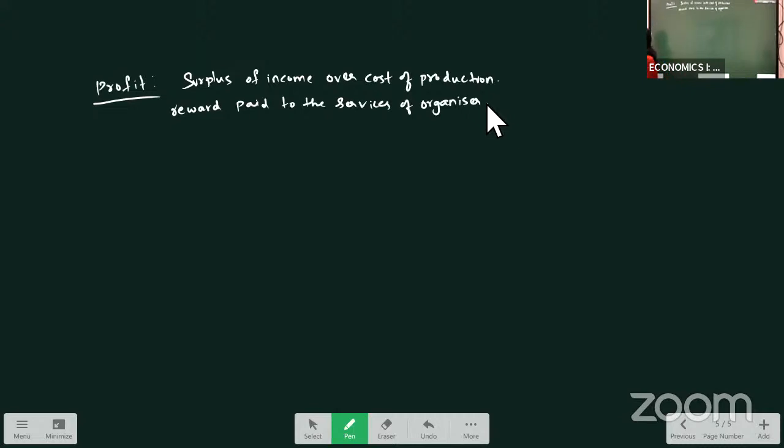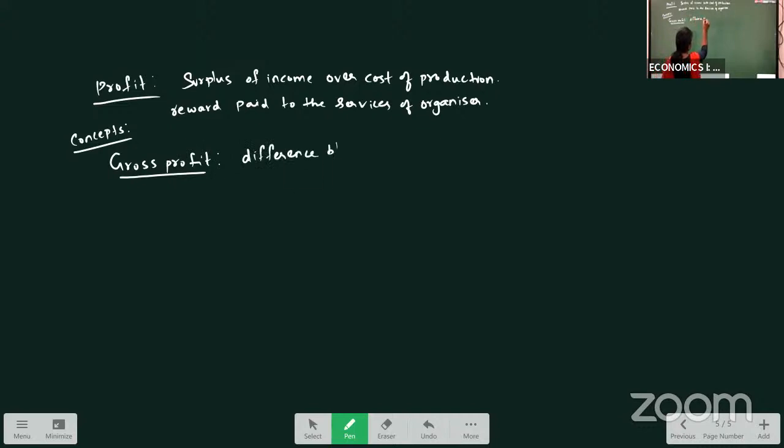And regarding the concept of profit, we have two concepts here. The two concepts of profit are the same again, gross profit and net profit. So what do you mean by gross profit? Gross profit means the difference between total revenue and total cost of production.